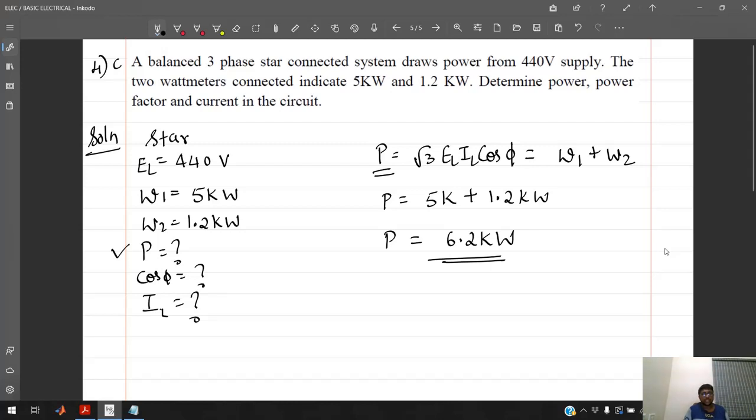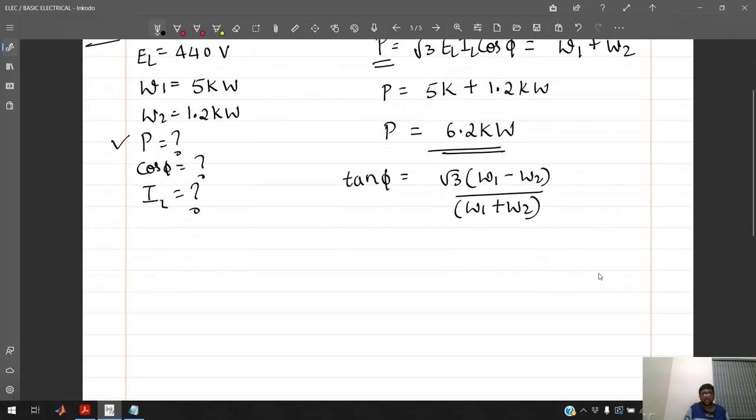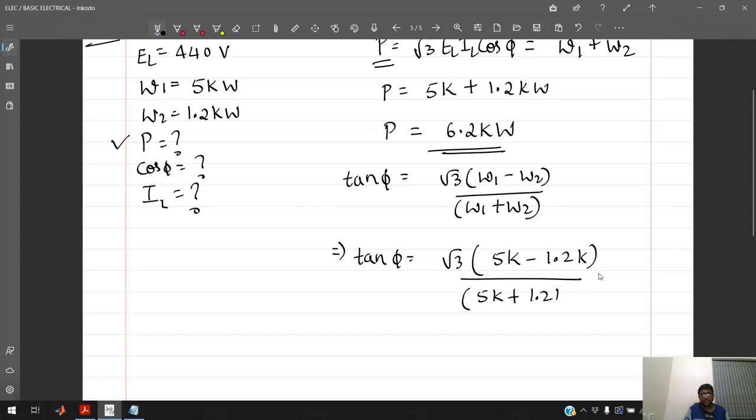Next, you need to calculate cos phi. You know that tan phi is equal to root 3 into (W1 minus W2) divided by (W1 plus W2). So this is a formula which you have. That implies tan phi is equal to root 3 into (5 kilo minus 1.2 kilowatt) divided by (5 kilo plus 1.2 kilo).